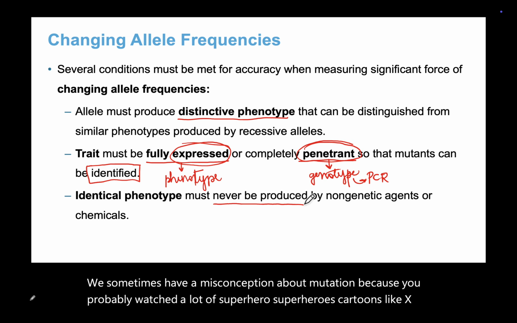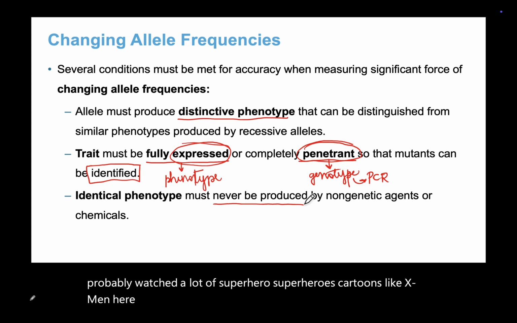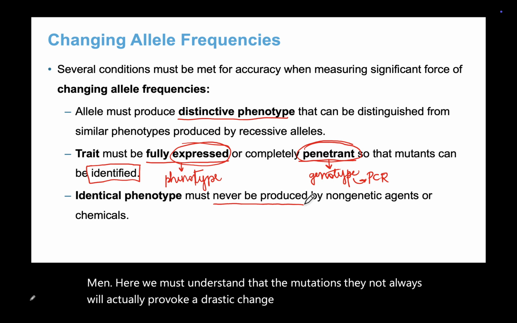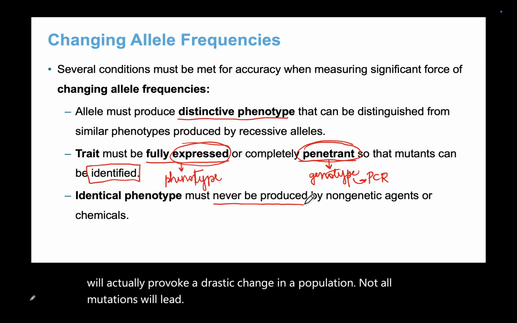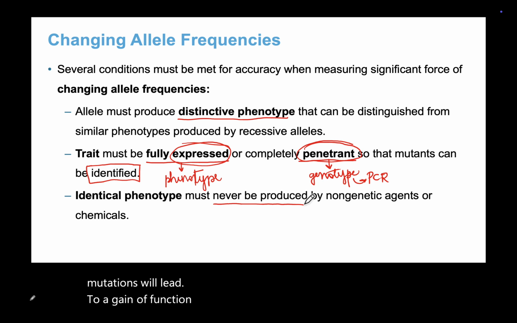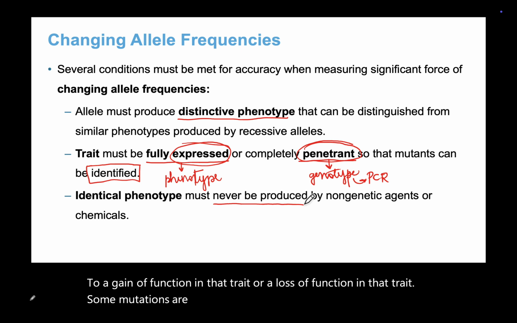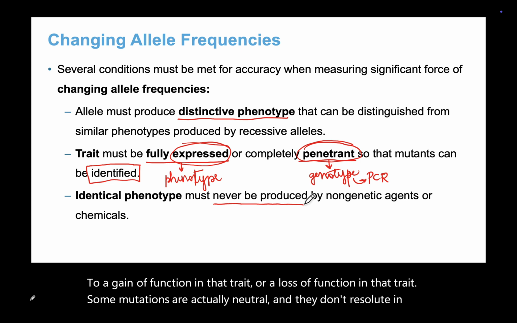Here we must understand that mutations will not always provoke a drastic change in a population. Not all mutations will lead to a gain of function or a loss of function in that trait. Some mutations are actually neutral and they don't result in any identifiable phenotype.